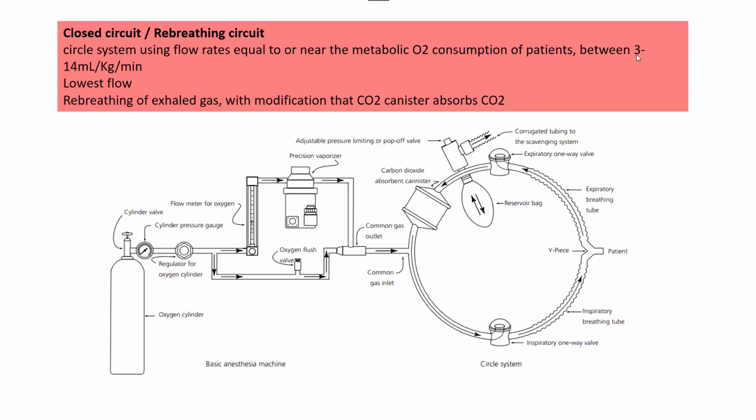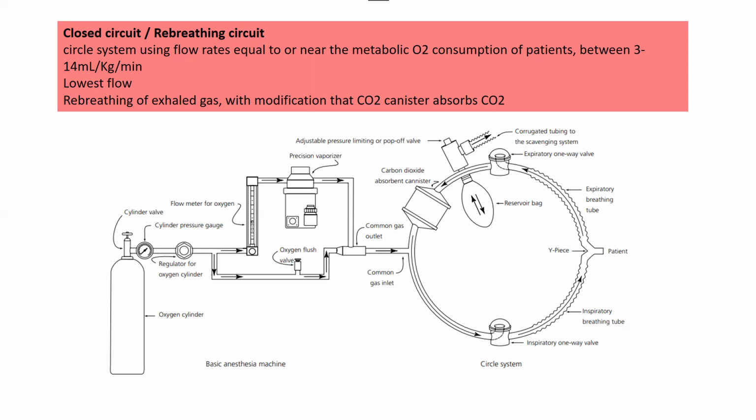One more thing: I have written 3 to 14 ml per kg per minute as the flow rate of the closed or rebreathing circuit. But you can find these values to be different in different books. I have taken this value from the book Veterinary Anesthesia by Lemon Jones.